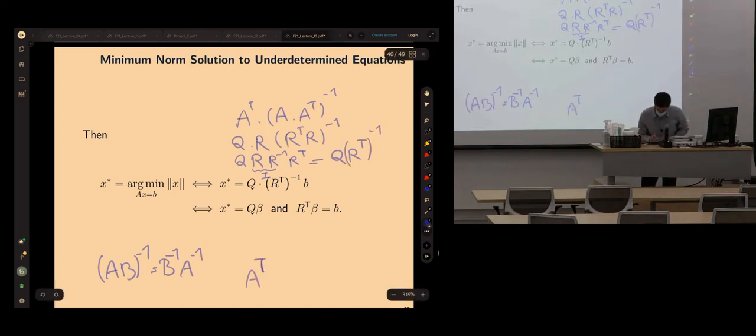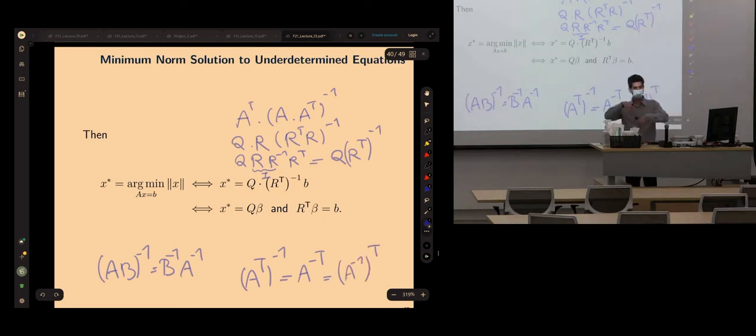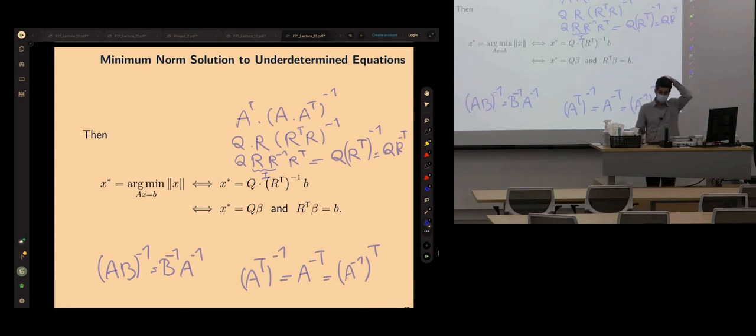So there's an inverse here. So we managed to get rid of a lot of terms using QR factorization. We are left with Q times R transpose inverse times B. This time, because it's different from last time, we give it a different name.